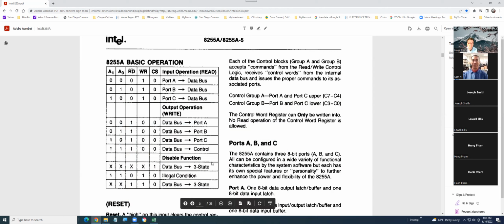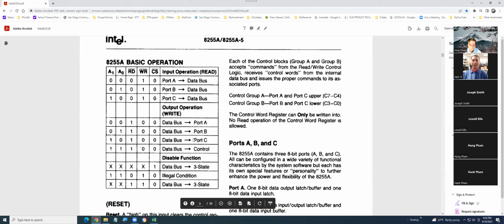If you don't know, I'm telling you. Before you want to use port A, B, C for read or write, you have to write data inside the U4, telling it you want A out, B in, C out, whatever. That's what you set up inside the IC, so it knows what to do.